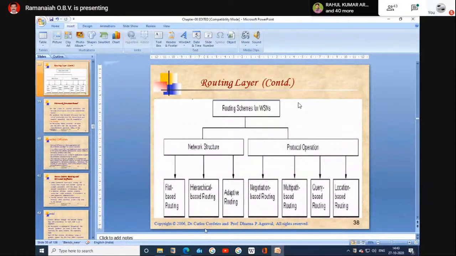If one protocol is given, for example, directed diffusion comes under flat-based routing. It also comes under negotiation-based. It also comes under query-based protocol. So the same protocol becomes the example in two categories.